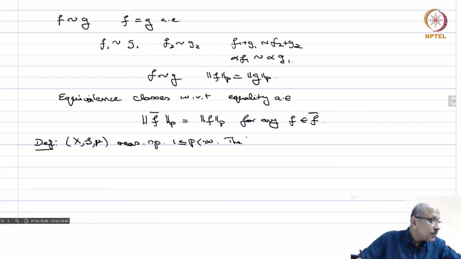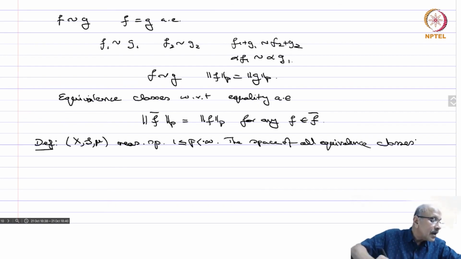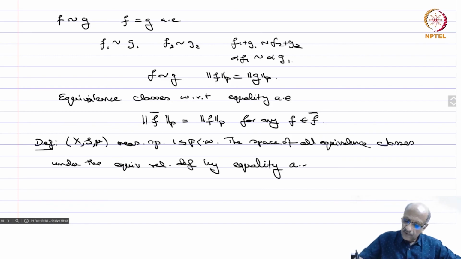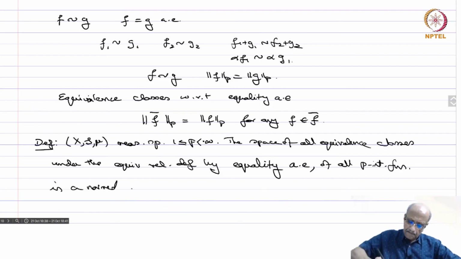The space of all equivalence classes, under the equivalence relation defined by equality almost everywhere, of all p integrable functions is a normed linear space with the norm f_p, the p norm.